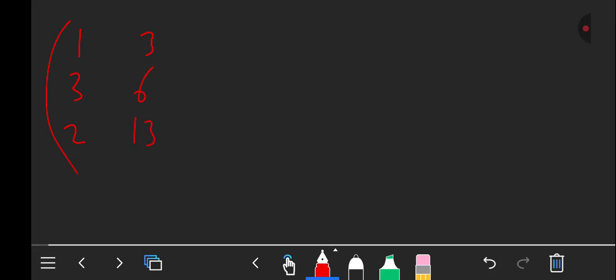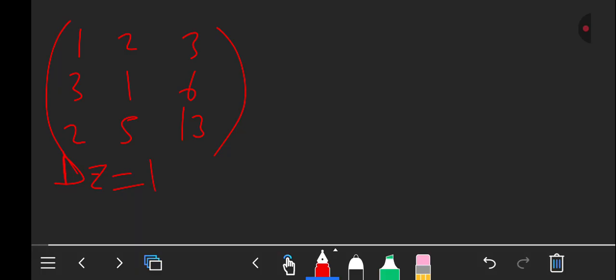Then we need to substitute z, not y. Okay, so here we have 2, 1, 5, then 3, 6, 13. Then we say determinant of z will be equal to, just the way we are doing it.